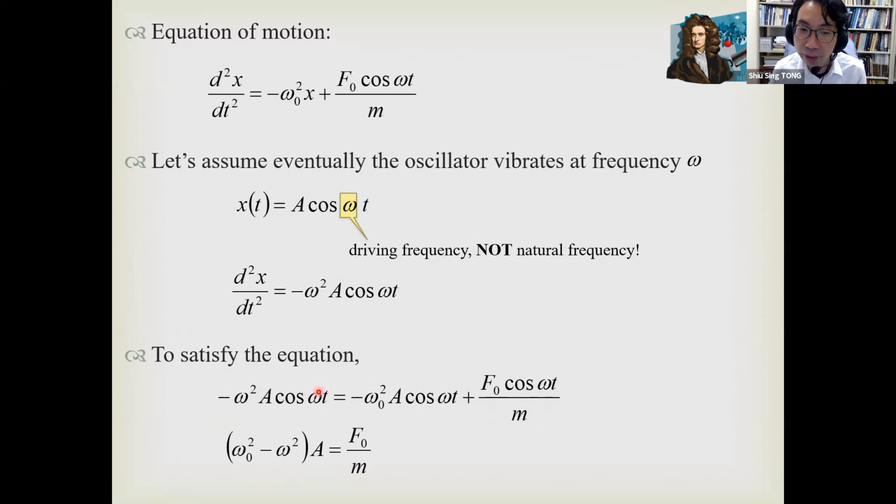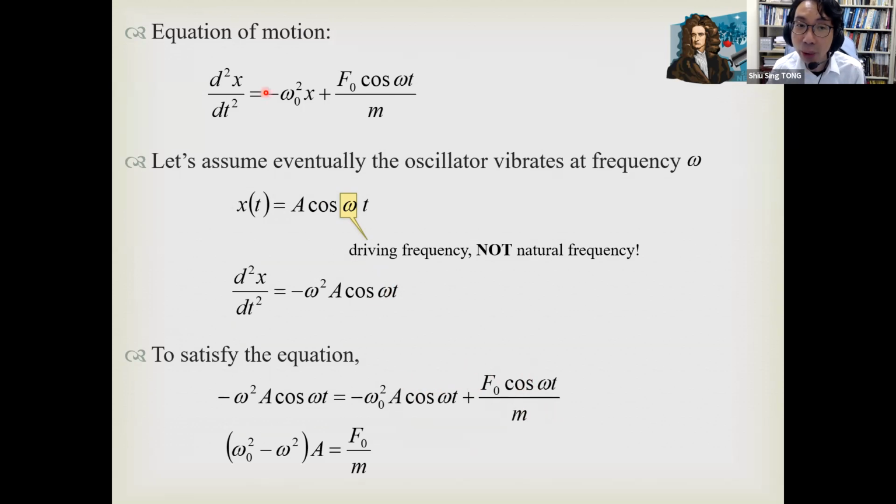So that means the equation can indeed be satisfied for all time t, right? If the cosine factor does not cancel, then there will always be some time dependence in this equation, and you cannot guarantee that the equation can be satisfied for all time. Now the cosine factor has gone.